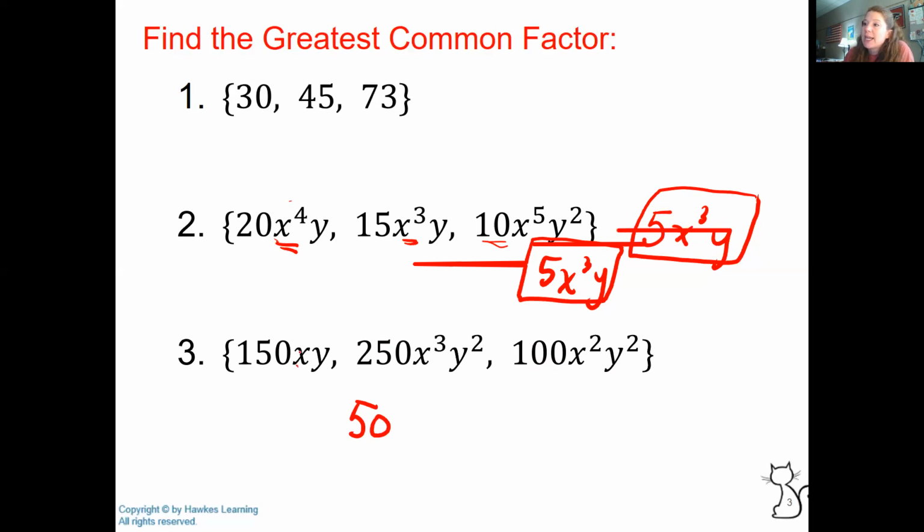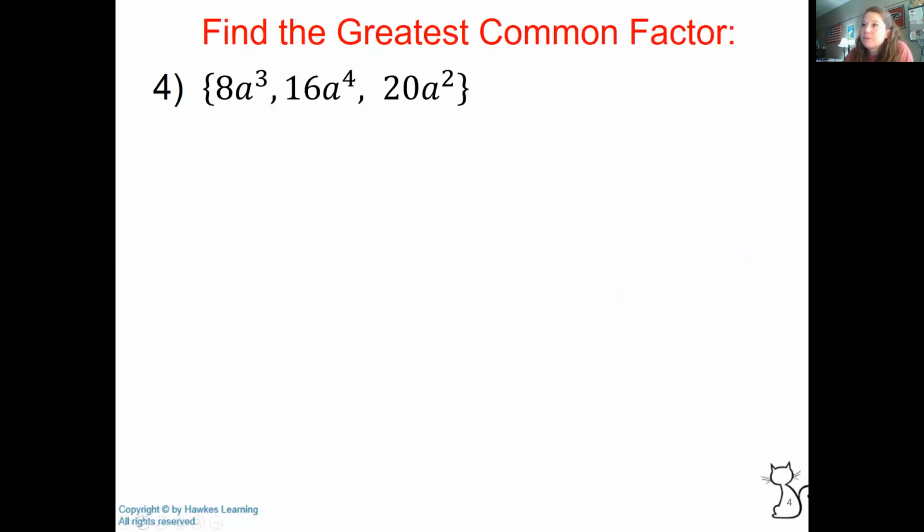Then there's 1 x, 3 x's, and 2 x's. How many could I take out of each term? Because of this one, only 1 x. And then we have 1 y, 2 y's, and 2 y's. So 1 y is the largest number of y's I could take out of all three terms. So my greatest common factor is 50xy.